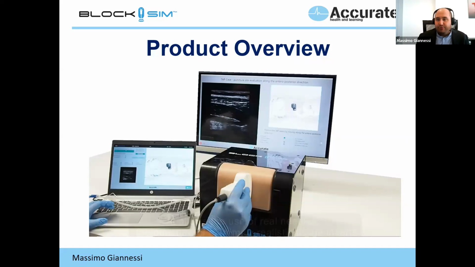Now, we are working on a new price list that will allow you to choose between BlockSim with computer plus monitor, BlockSim with computer only, or even BlockSim with no computer and no monitor, and then we will send you the file to download and install on a computer that you will buy based on minimal requirements included in the user manual.